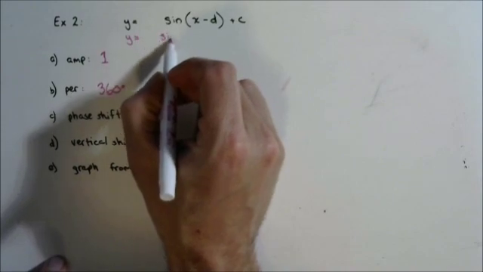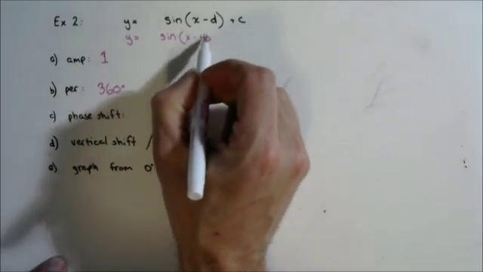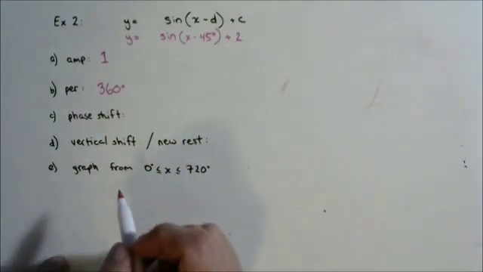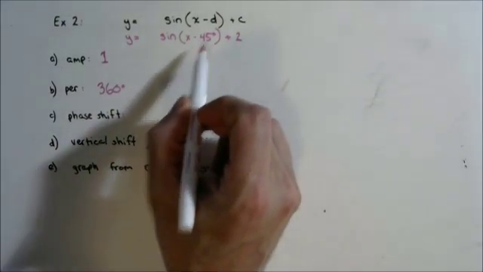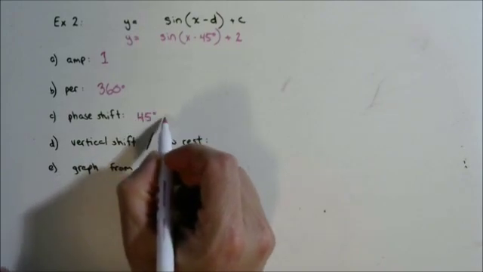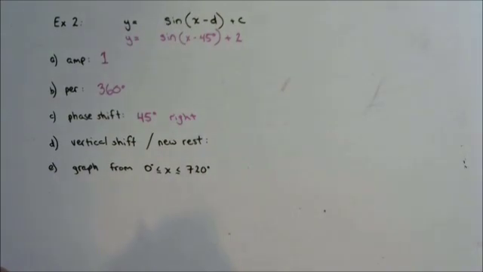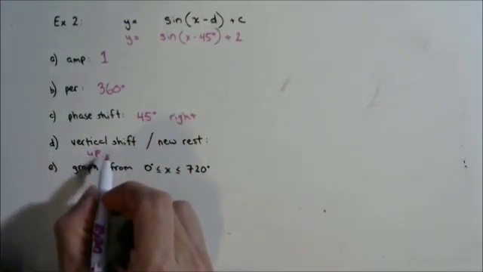We're looking at the sine of x minus 45 degrees, plus 2. So the phase shift here is going to be positive 45 degrees. So we're going to be moving 45 degrees to the right. Vertical shift, we're adding 2, so we're going to go up 2.